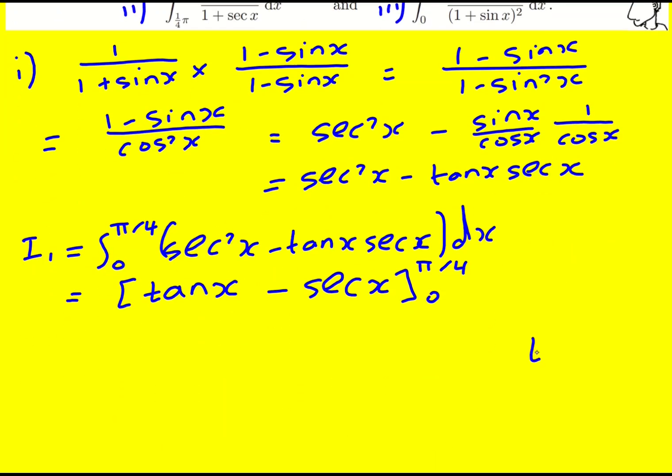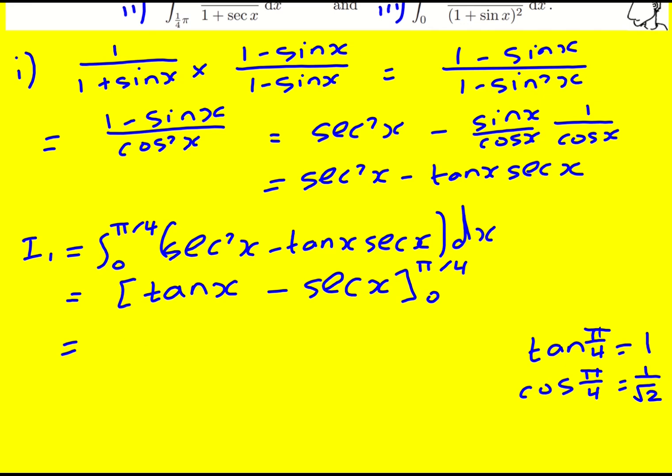Now to put some exact values in, tan of pi over 4 is equal to 1. Cos of pi over 4, I haven't learnt my reciprocal exact trig values. I just work out what cos is, and then I'll do 1 over it. So here I get 1 over root 2, or root 2 over 2, but it's going to be easier to write it like that.